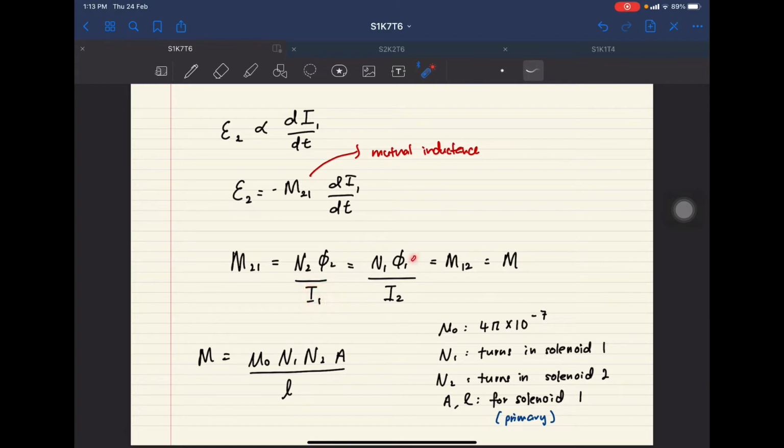And if I do flux in 1, it will be over current in 2. So this is the mutual inductance of 2 due to 1, which equals M.